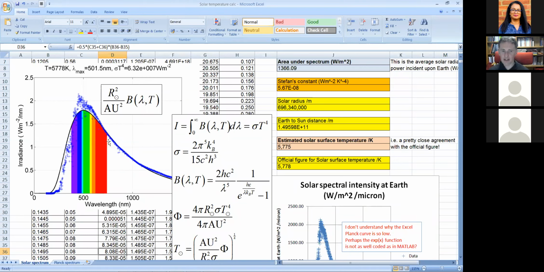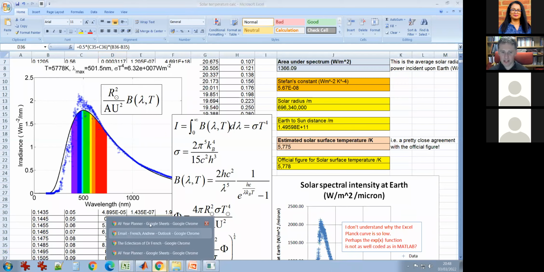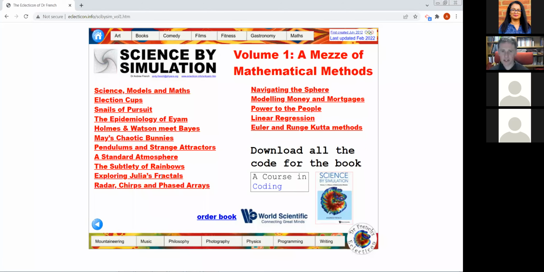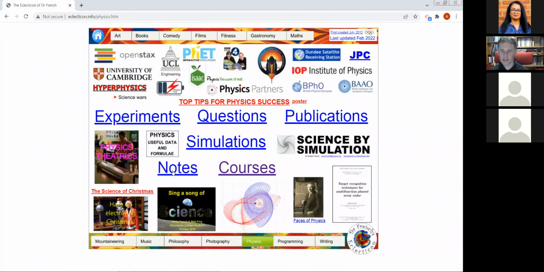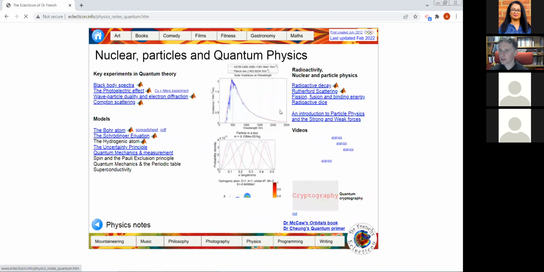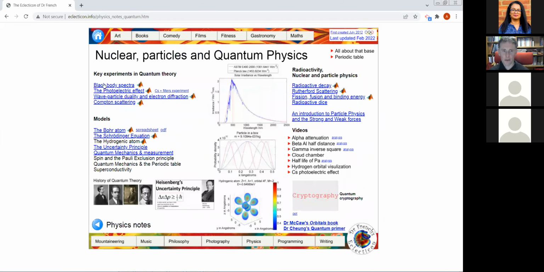How do we actually get the Planck curve itself, to derive this? That's a more complicated story. But if you're interested, go onto the eclecticon, there it is. Go onto physics, to notes, nuclear particles and quantum, and what we call black body spectra. Hardcore maths alert.